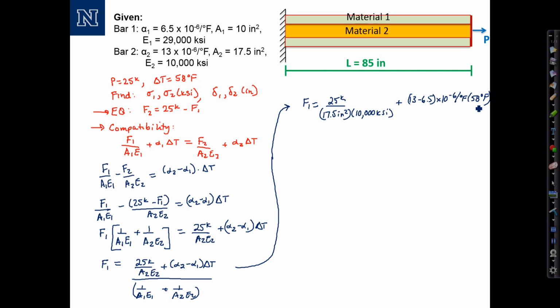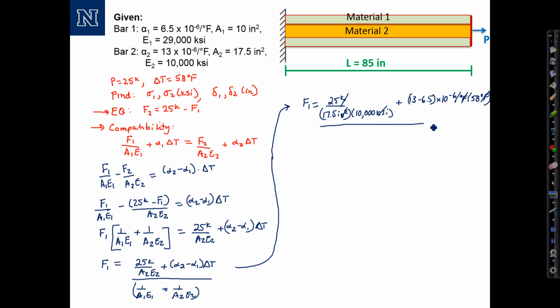So let's look at units. On this side I have kips per square inch, kips per square inch on the bottom, those cancel. And on this side I have per degree Fahrenheit times degree Fahrenheit, so those cancel. So the numbers in the top part of the equation are unitless.